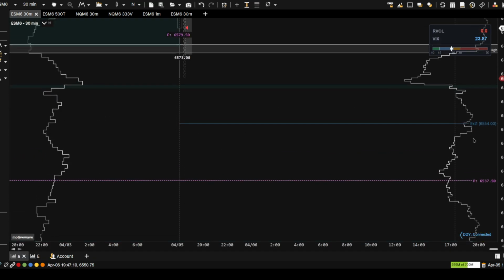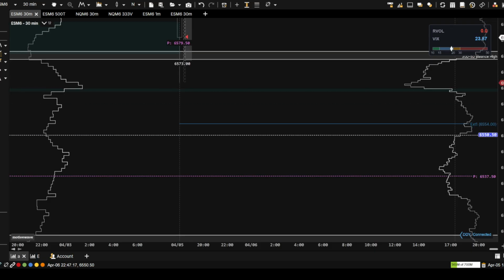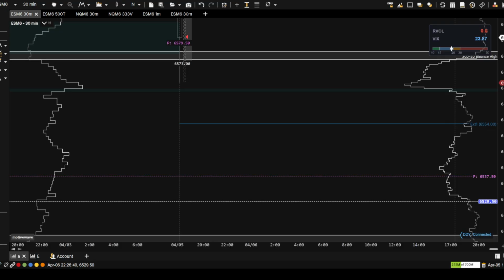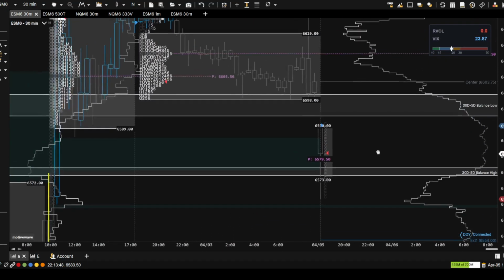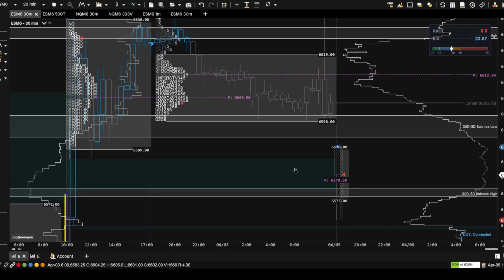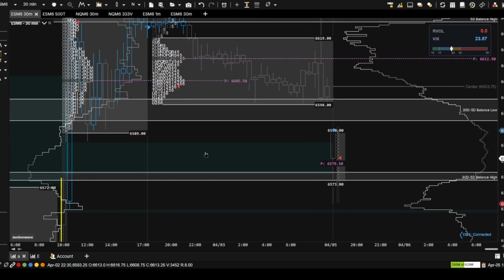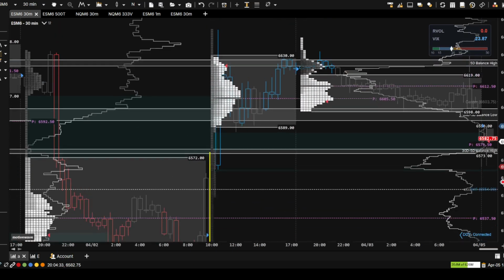This could be another balance too, here, from here to here, right? This could be some levels too, but what we have to be aware of is this: we rejected this balance high of 13 days and 5 days composite volume profile, this balance high with a single print on the TPO chart or market profile.